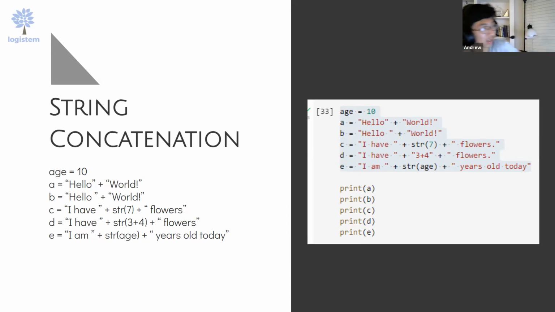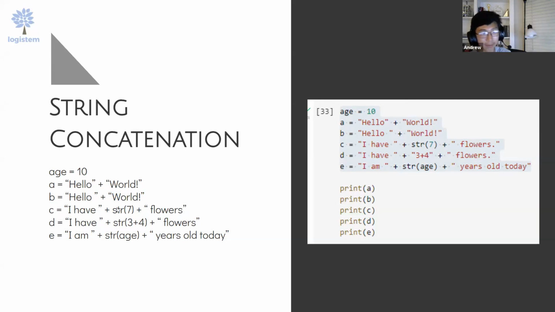Oh, so Andy asked what the string of age means. Oh, sorry, I didn't mention that. The function str basically converts whatever is in it into a string. So let's take a look at C, for example. C says I have string 7 flowers.